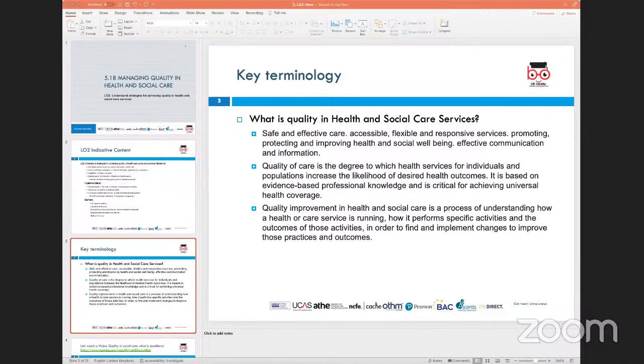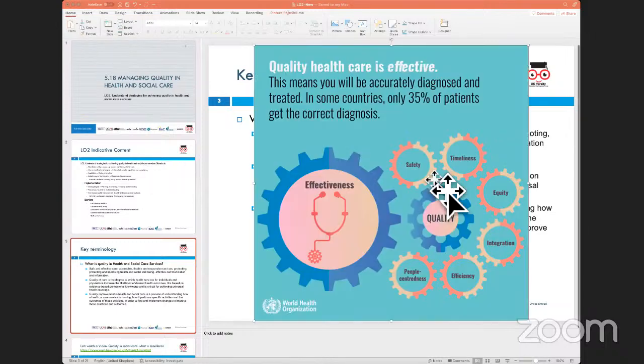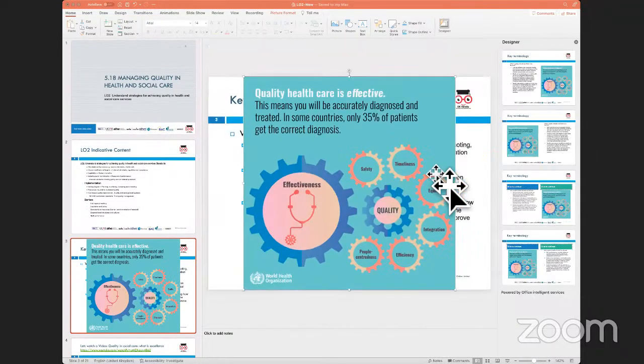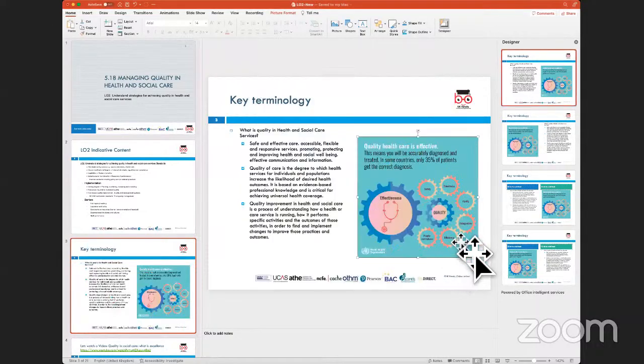The first is that safe and effective care is to be provided to patients when we talk about quality. The meaning of quality from a World Health Organization perspective refers to safety, and to safe and effective practices which can be used to deliver services to members of public.